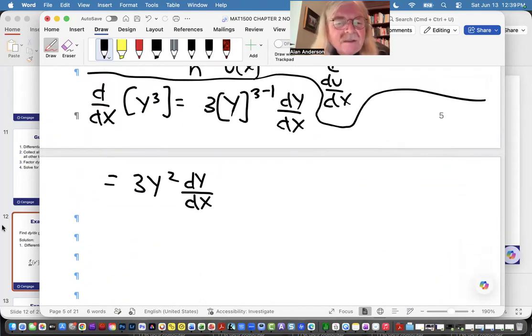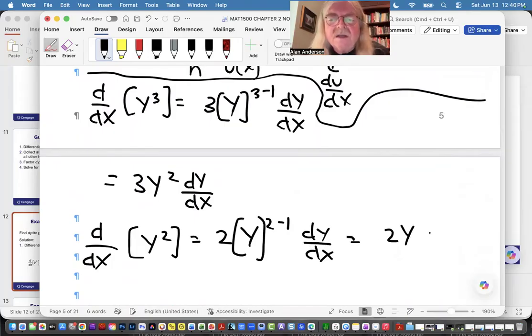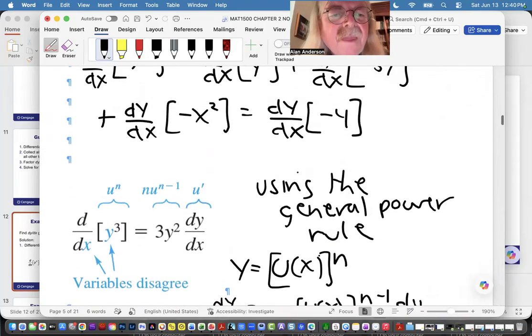So based on the same setup, when we apply this to y squared, it should be clear that you're going to get 2y to the 2 minus 1 dy dx. And that reduces to 2y dy dx. All right, so here's the first term, and here's the second.